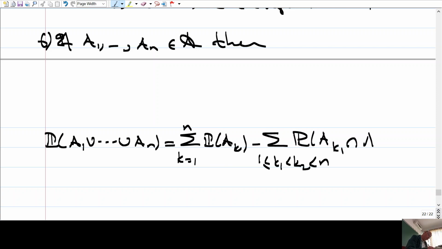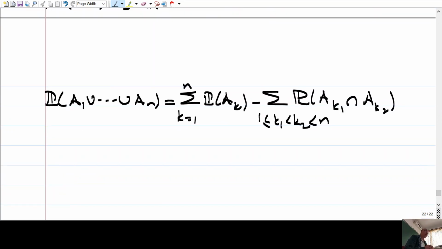Subtract the measures of the intersections. But then when you take out these intersections, you actually take out triple intersections more than once. Therefore, you have to add them back.